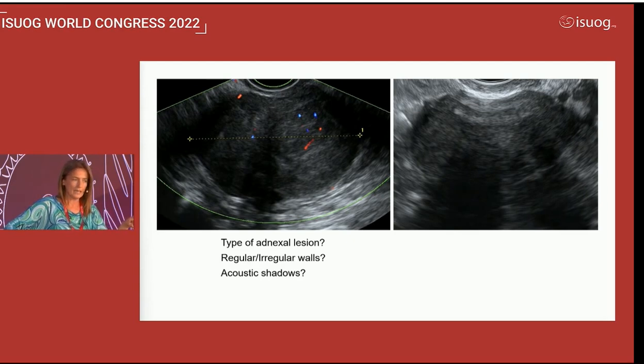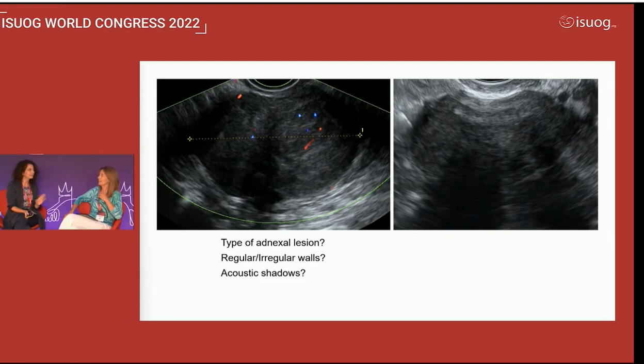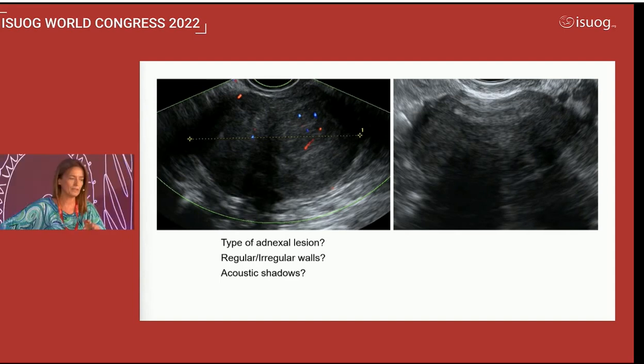But I see a shadow. Acoustic shadows, yeah. And on the right image, again, very difficult to say, regular or irregular because of shadows. So let's go on by saying regular. A dynamic video maybe would have helped. Yes, for sure it would be important to have a video clip to check this parameter.